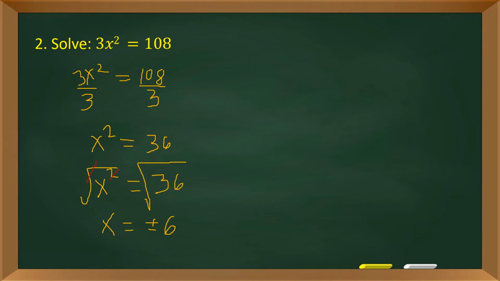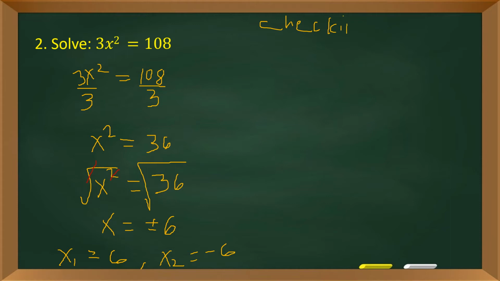So we have x1, which is positive 6, and x2 is equal to negative 6. Again, for the last step, we have to check if our roots are really 6 and negative 6.